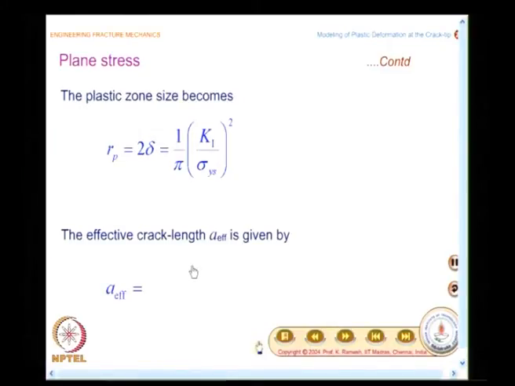From Irwin's approach, the effective crack length is taken as a plus delta, and delta is 1 by 2 pi multiplied by (k1 by sigma ys) whole square. See, in fact, these are models. The moment I go to Dugdale's calculation, he would take the entire plastic zone length as the effective crack length.